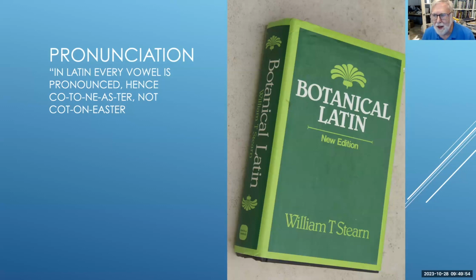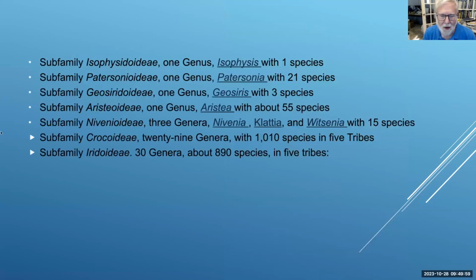Be forewarned that I'm probably going to mispronounce a lot of things, even though I'll try to give you the right pronunciation. The family is a big family, obviously, next only to orchids. And there's 7 subfamilies. The first 5 are really primitive and very unusual plants.